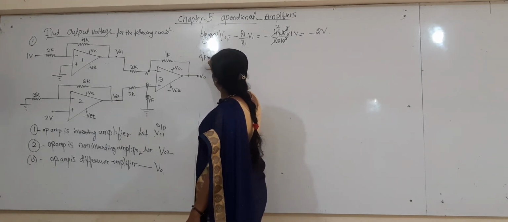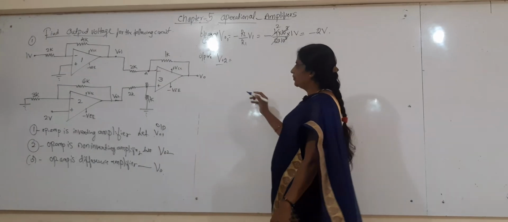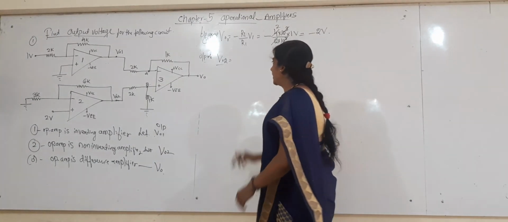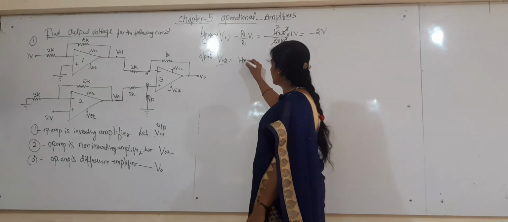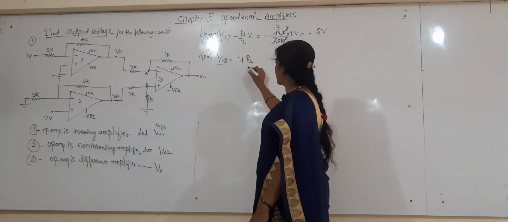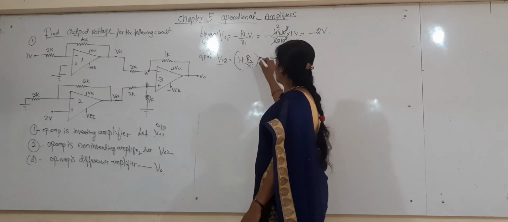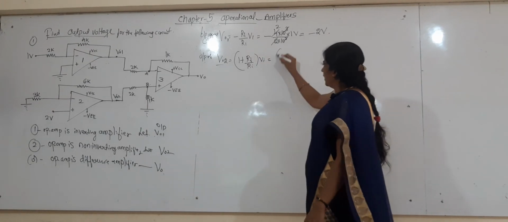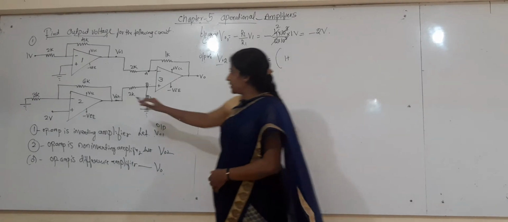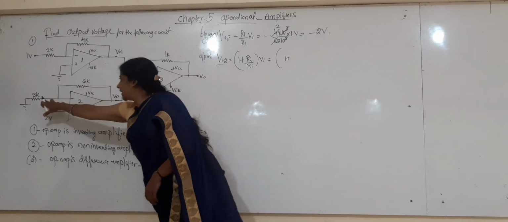Similarly, V02 is the output of the second op amp, which is a non-inverting amplifier. The output voltage is 1 plus RF divided by RI into VI. Here the feedback RF is 6K and RI is 3K.